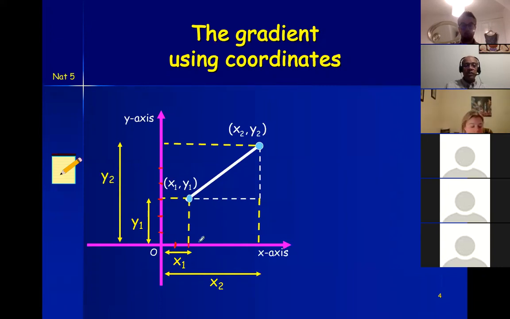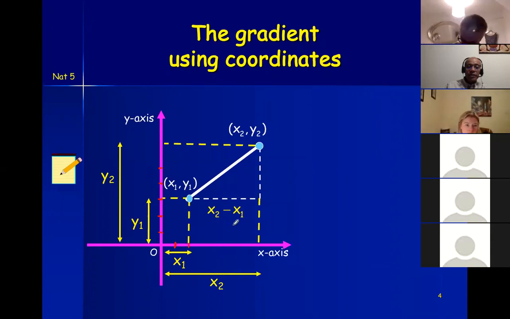Now, what did we say for the gradient? It's the vertical height divided by the horizontal distance. If you look at it, you've got x2, which is that length, and x1, that length. So that distance there is x2 take away x1.